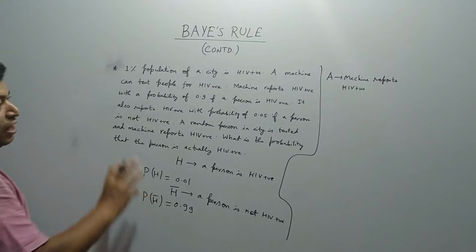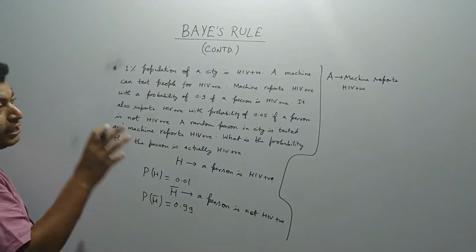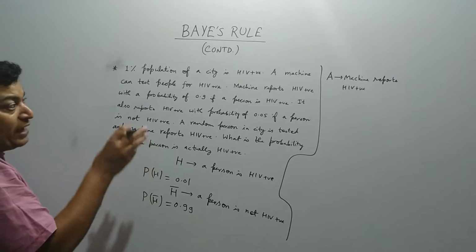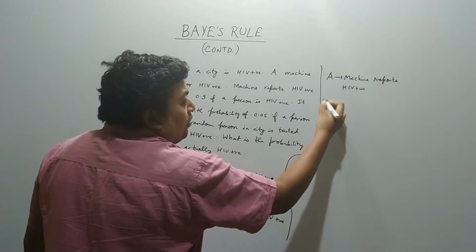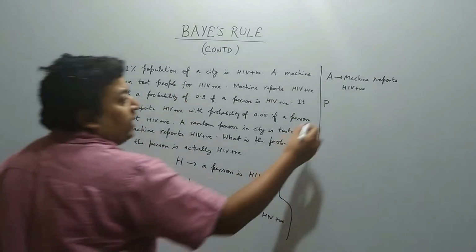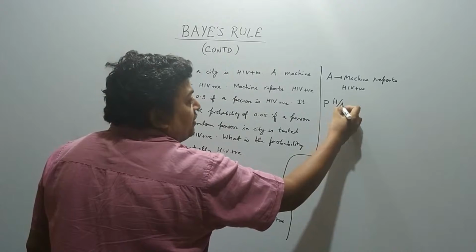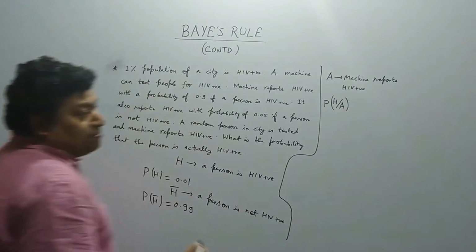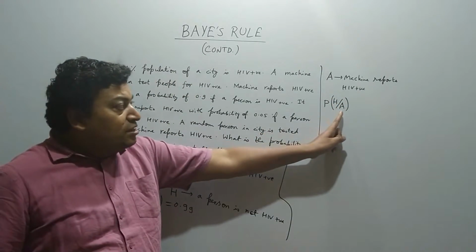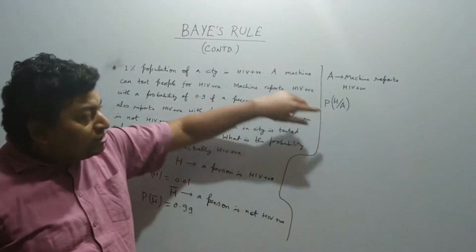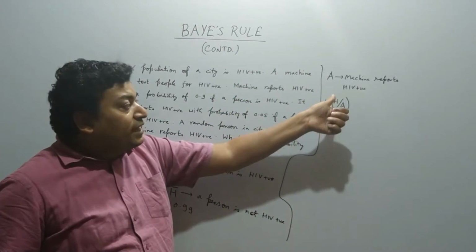Now you have to think of the probability expression which you have to calculate. What do you have to find basically? We have to find P of H given A. That means, given that machine reports HIV positive, what is the probability a person is actually HIV positive?